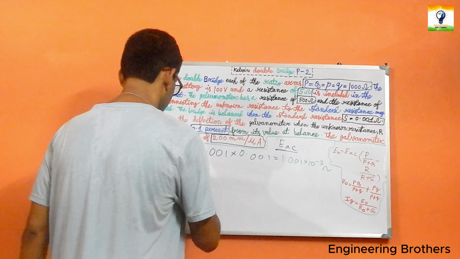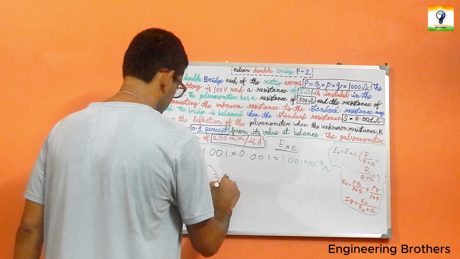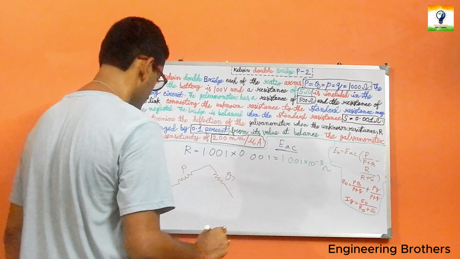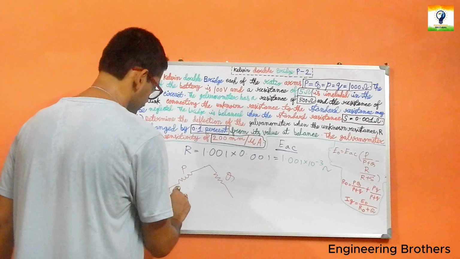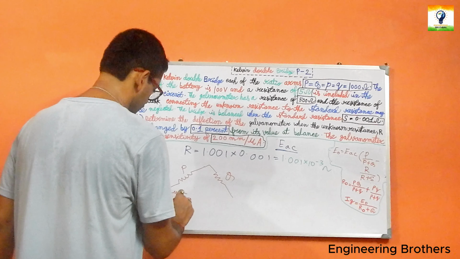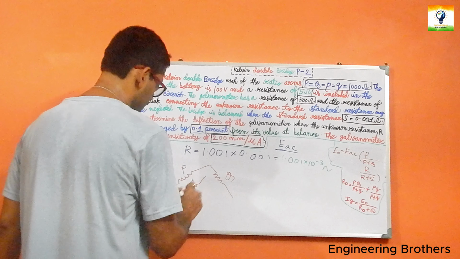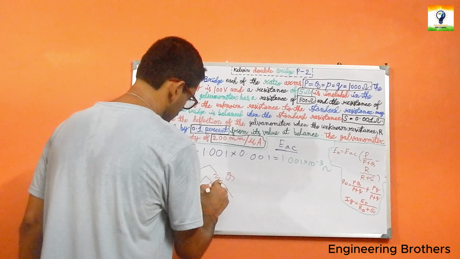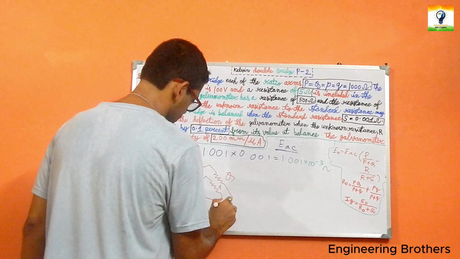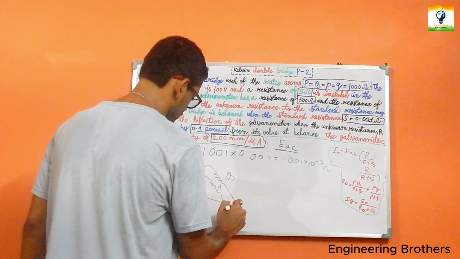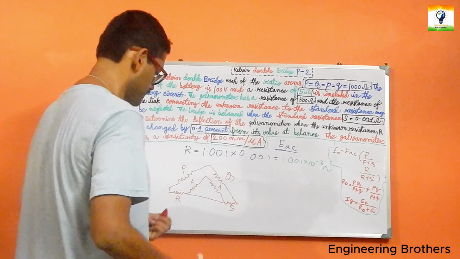So this is our P, and this one is our Q. And over here, this one is our R, and this one is our small p, and this one is our small q, this one is our small r, and in between these two we do have our standard resistor.